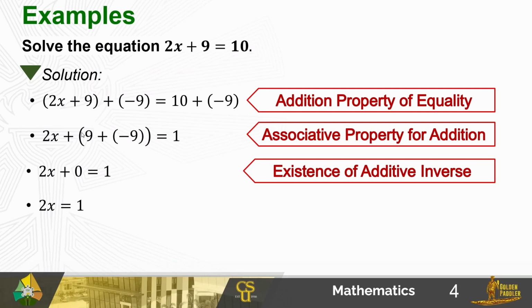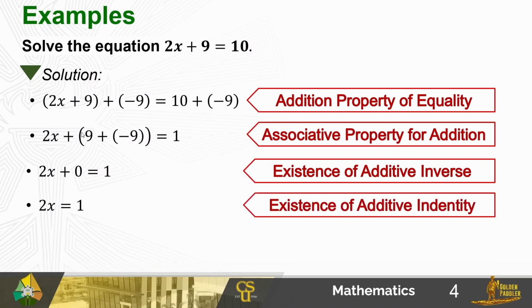Okay, so the answer is the existence of additive identity. Why additive identity? It is because 2x plus 0 is equal to 2x, right? You did not change the 2x. You added it with 0, and it just gave us 2x. So it is the existence of additive identity, where our 0 is our additive identity.